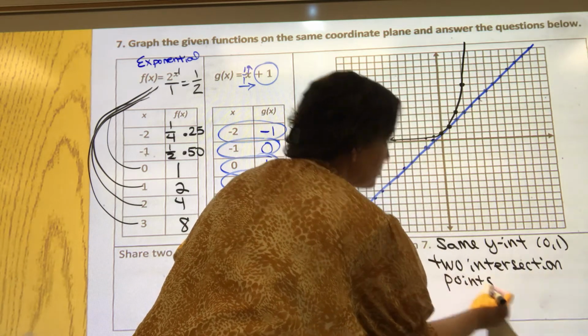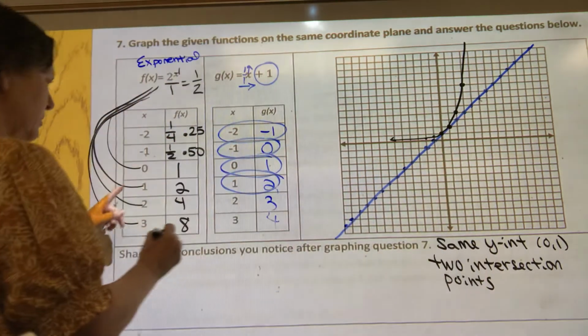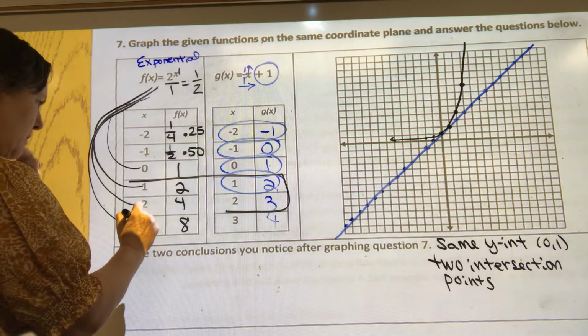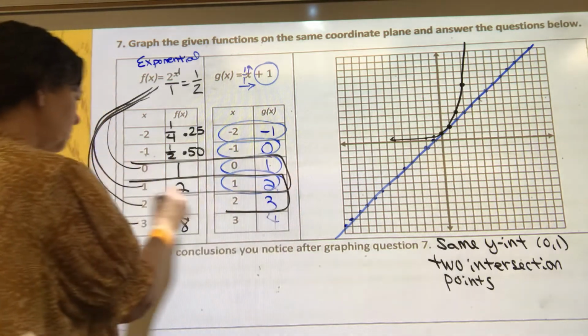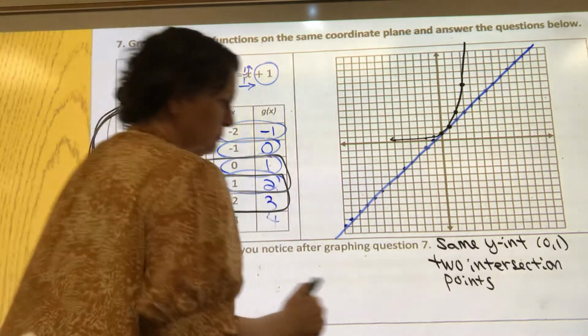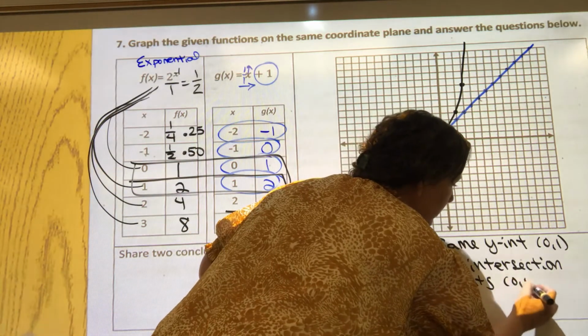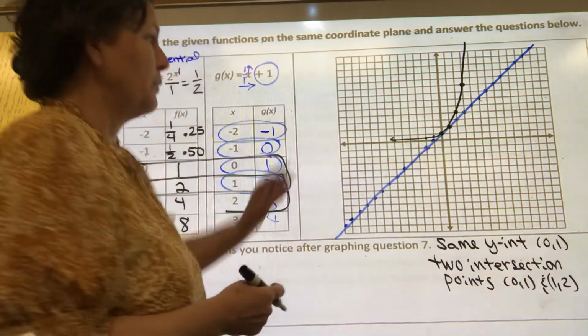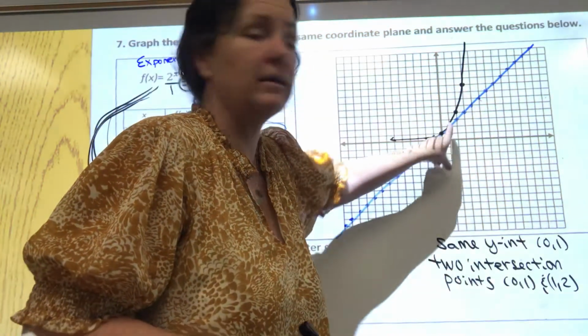And those 2 intersection points, we can see them right here. 0, 1 and 1, 2. Nice. And we can see them here too because they're exactly the same.